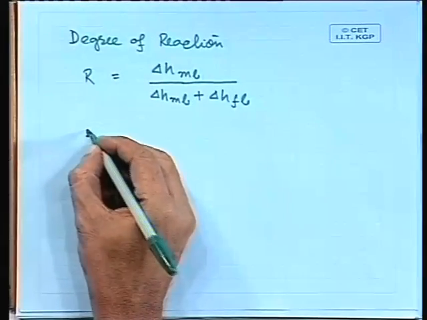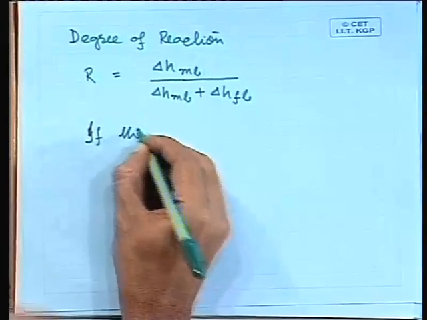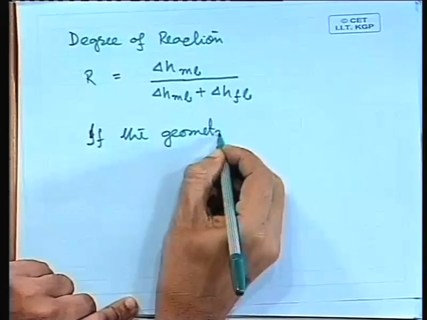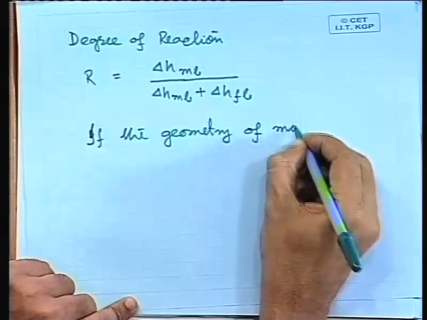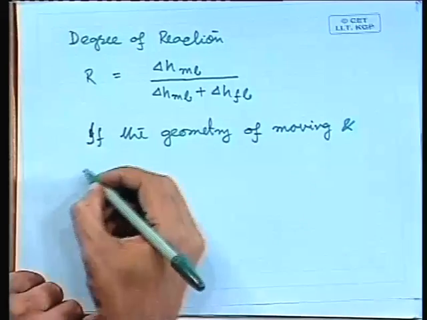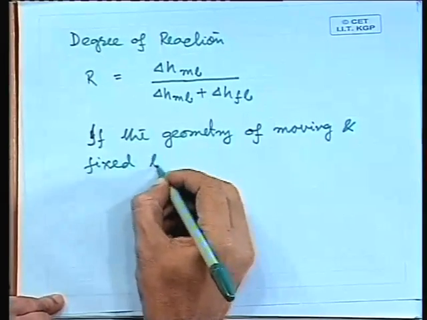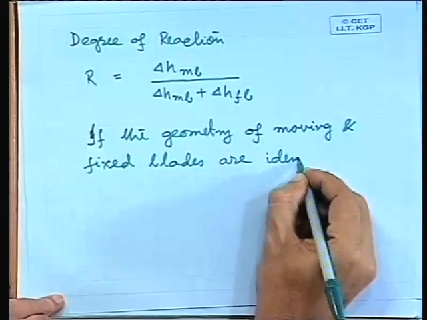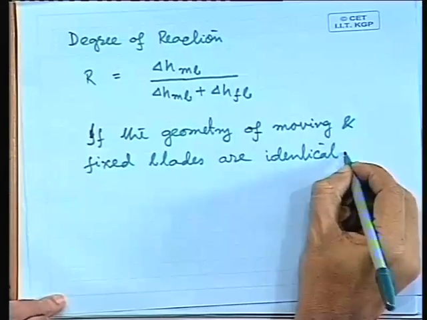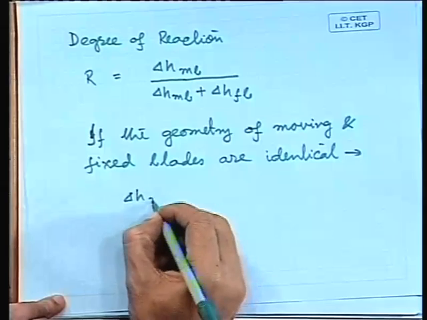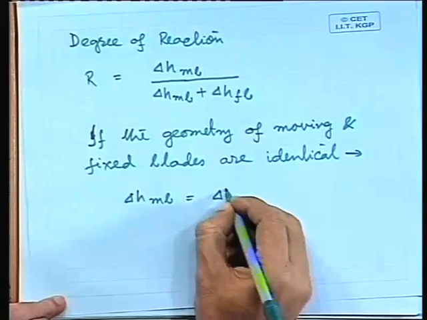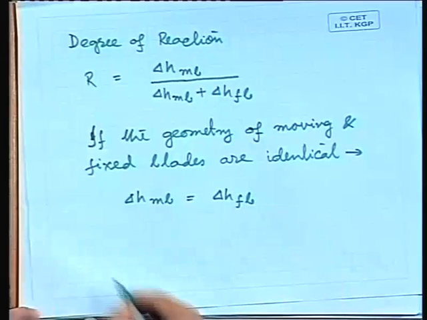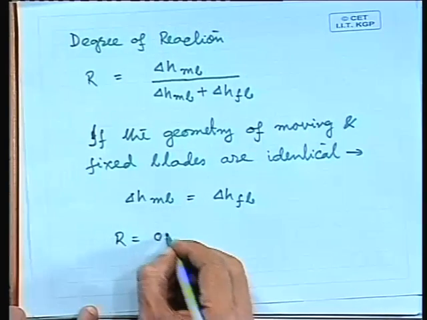If that is so, then we can write: if the geometry of moving and fixed blades are identical, then we get delta H MB is equal to delta H FB, R is equal to 0.5, or degree of reaction is 50%.